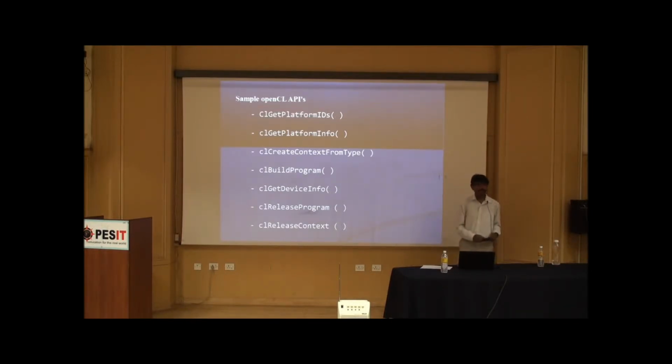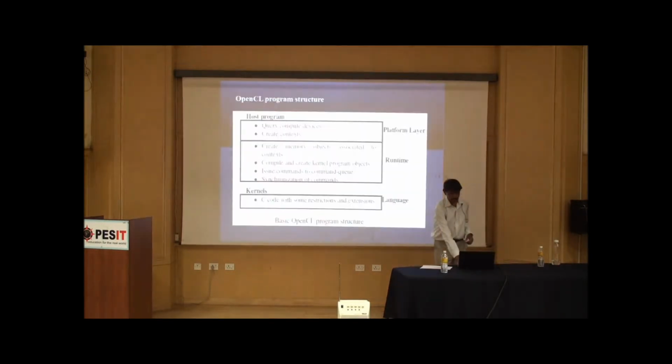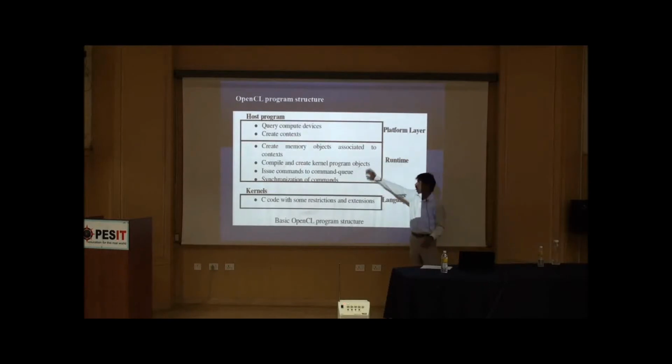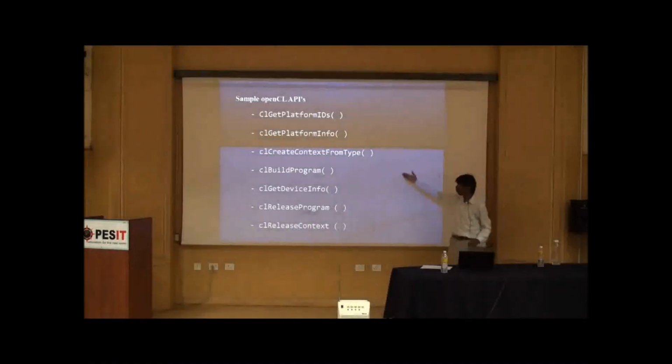Then, you have to compile and create kernel program objects. How do you do that? Build program. So you can get the program, then build the program, then dispatch it to the task queue.